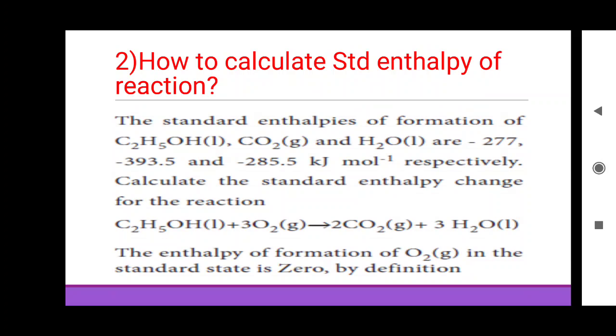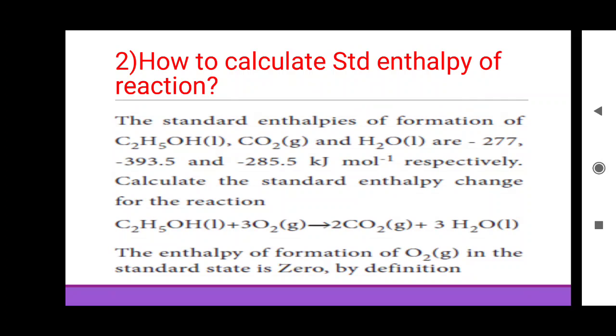Regarding the equation, on the left side, the reactant side, oxygen's standard enthalpy of formation, standard state, is 0. In the question, the enthalpy of formation of ethyl alcohol is given, carbon dioxide is given, then water's standard enthalpy of formation is given, but oxygen is not given, because the oxygen standard state is 0.